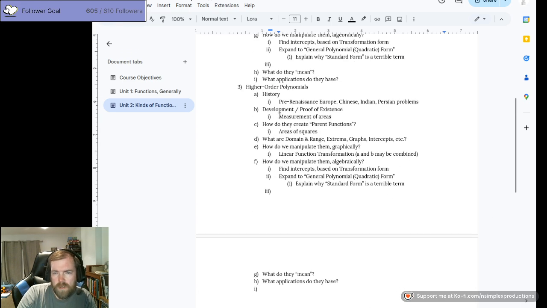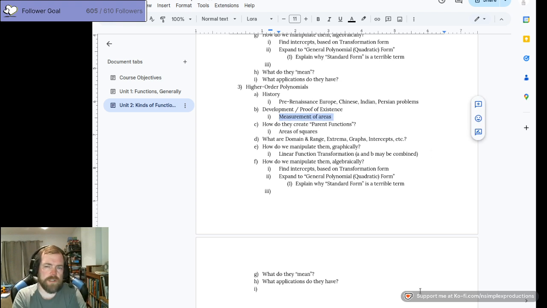Right. Development proof of existence. This gets a little interesting because we have the European math duels, which are something that definitely need to be brought up every time.